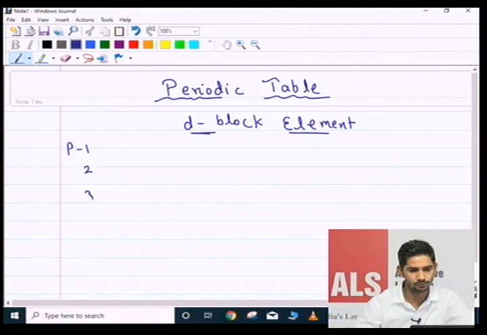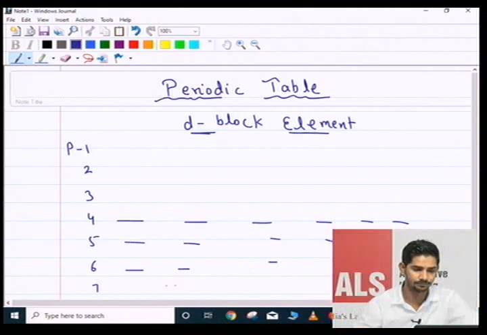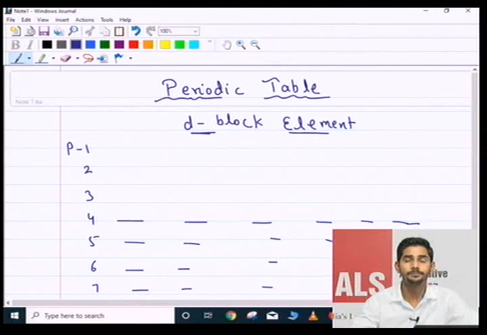See, periods 1, 2, 3, 4, 5, 6, 7. Your D block starts with period 4 and ends up at period number 7. So guys, ultimately in the D block we have to learn about the 4 periods only.